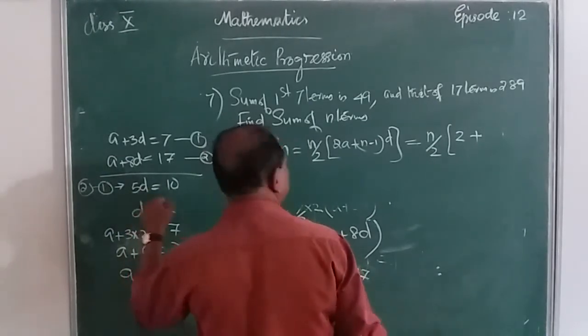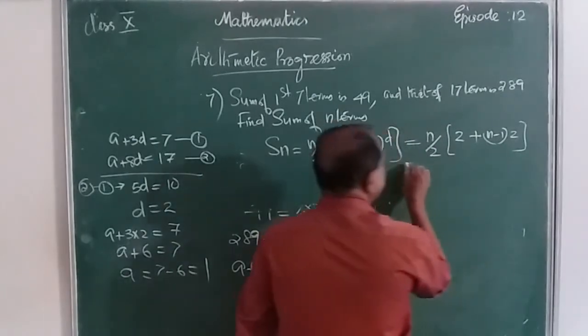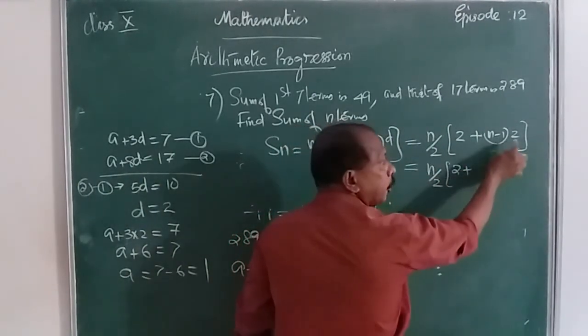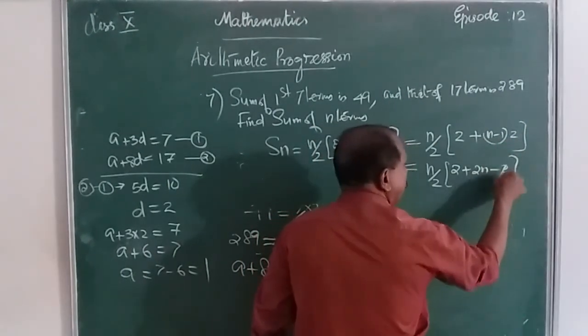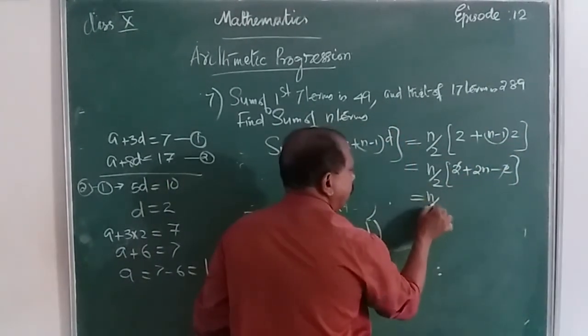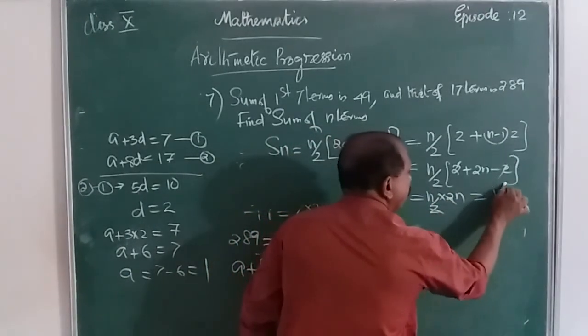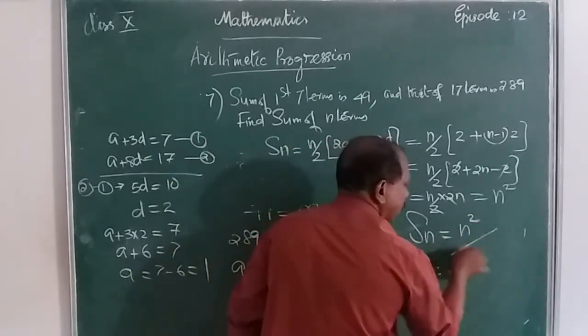What is d? It is 2. That is equal to n by 2 into 2 plus 2n minus 2. 2 cancels. That is equal to n by 2 into 2n. 2 cancels, equal to n square. Therefore, Sn is equal to n square.